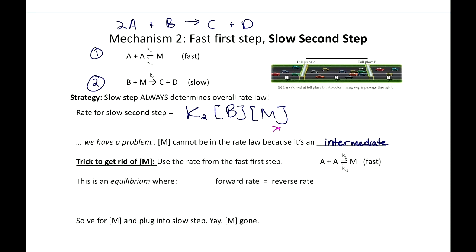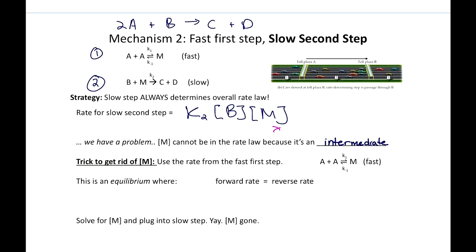I just copied the first step down here. Because it's fast and reversible, it means that the forward rate and the reverse rate are equal to one another. Following me? If we go forward in this reaction, what kind of molecularity is it?